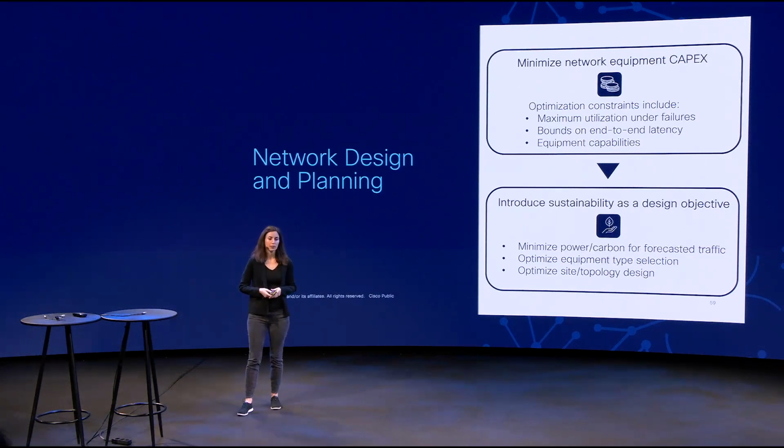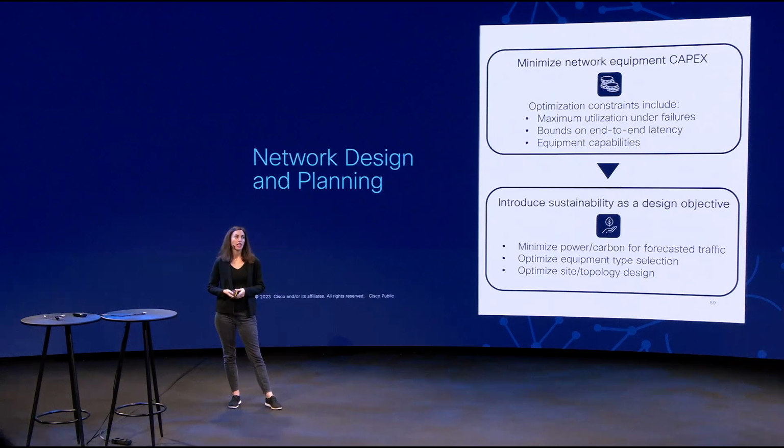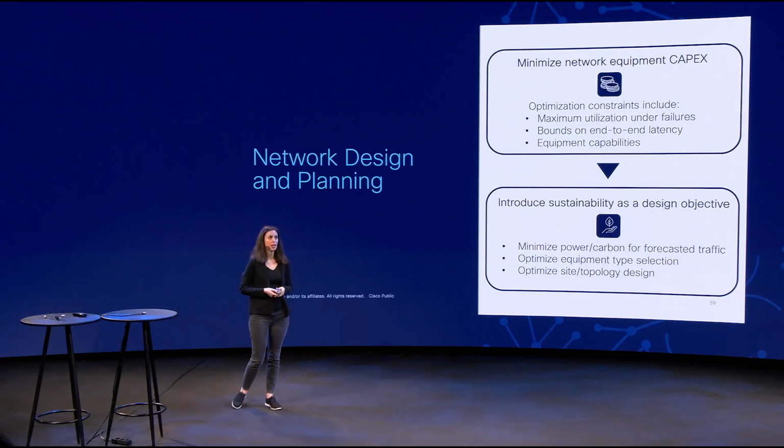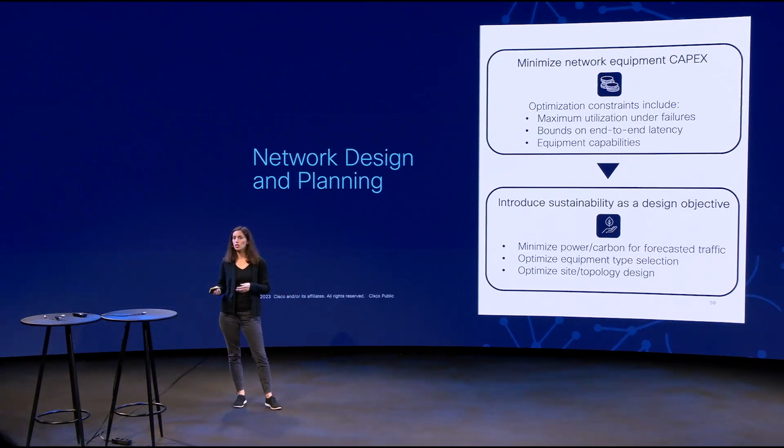So typically, objectives would be to minimize the network equipment capital expenditures as you're looking at your future plans. And for that, you can impose a set of optimization constraints: I don't want the utilization in my network to exceed 50% under steady state and 80% under any single link failure.